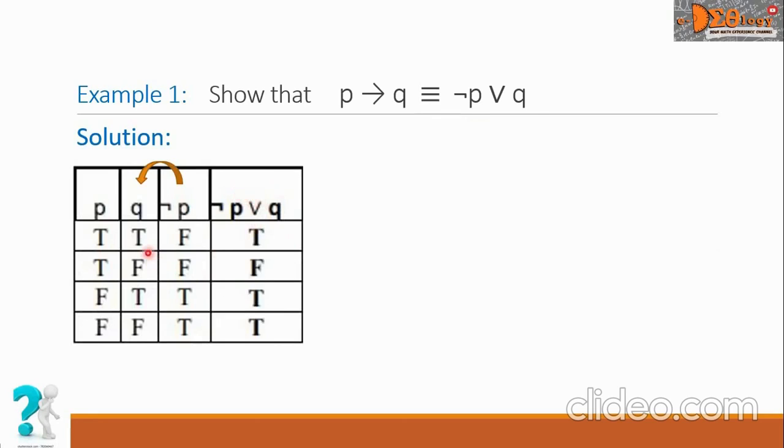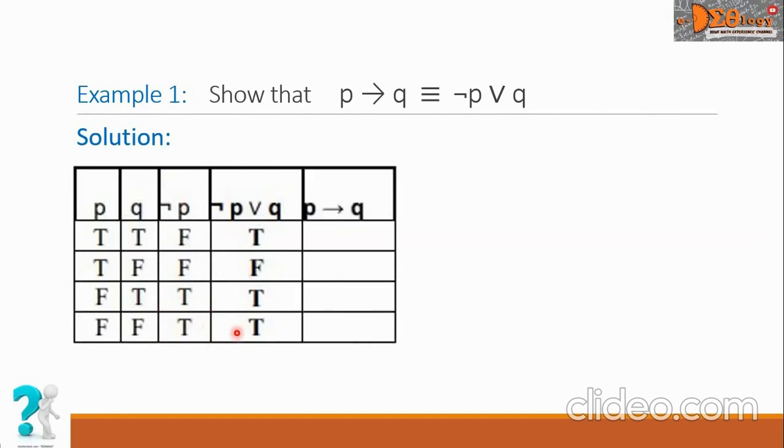So the values are F or T is T, F or F is F, T or T is T, T or F is T. Next, the P implies Q. So the values are T and T is T, T and F is F, F and T is T, F and F is T. Remember that for the implication, this is only false when P is T and Q is false.